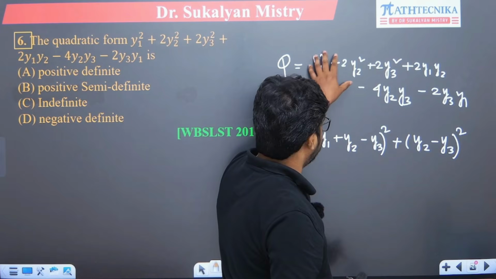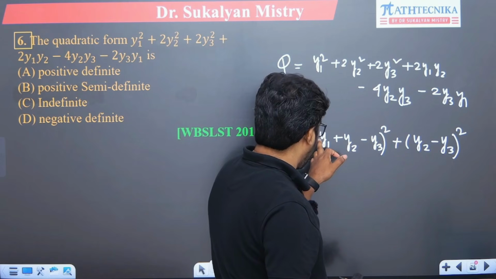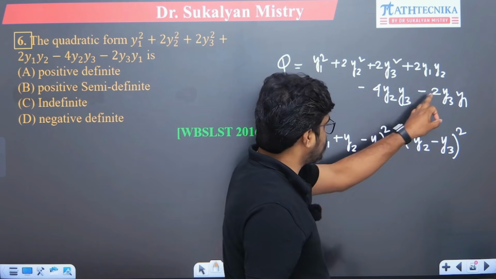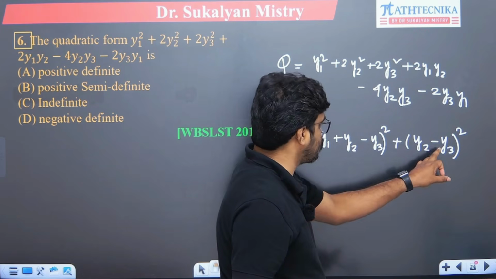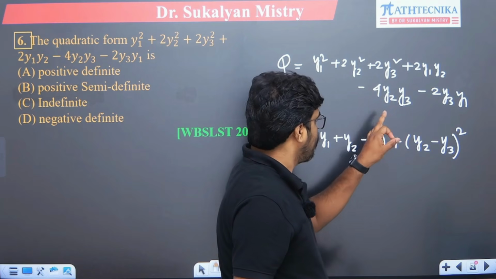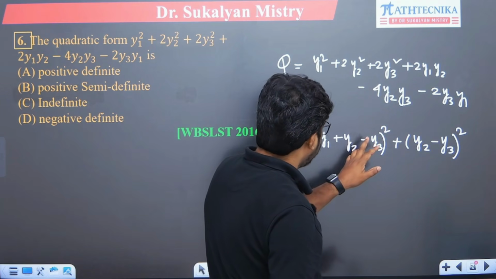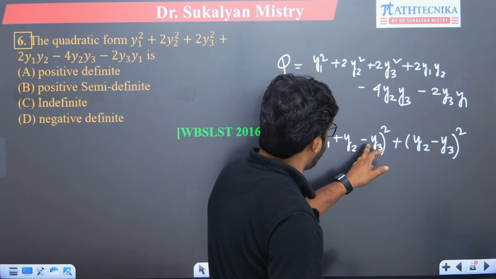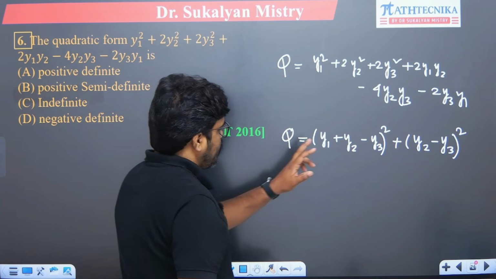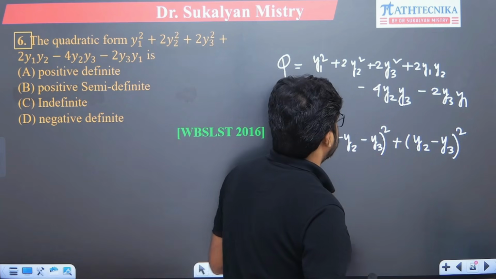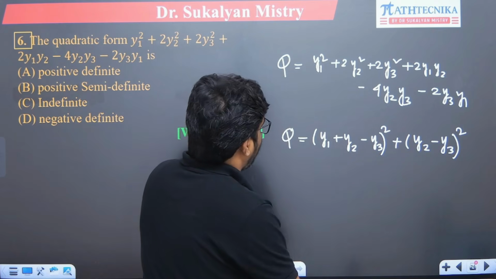So y1 square plus y2 square plus y3 square, from this plus this will be plus y3 square, that is balanced, plus 2y1 y2 plus minus 2y1 y3 minus 2y1 y3, right? Minus 2y2 y3 minus 2y2 y3, that is minus 4y2 y3, right? So minus y3 plus y3 square plus y3 square, that is plus 2y3 square.